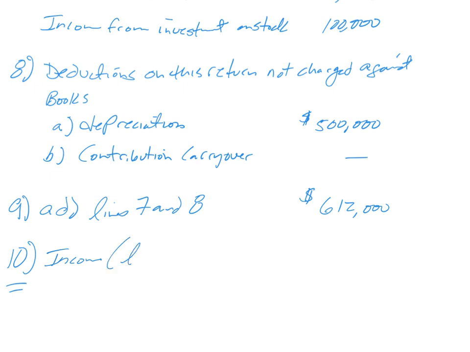and that's going to go on line 28, page 1 of your 1120, and that's just going to be equal to line 6 less line 9. And when they say line 6 and line 9, they're talking on this form.